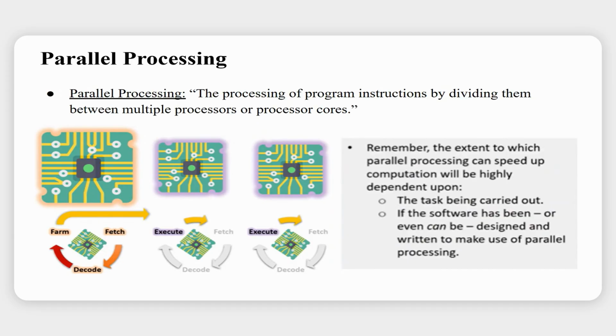It's different from pipelining, but it can be very good when there are multiple cores and processing units available. Basically, it's fetched in one core, then decoded and executed in another core. In that sense, it's very effective. It can also be used with pipelining, but it is not itself pipelining.